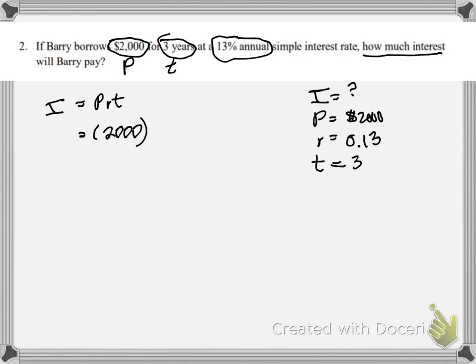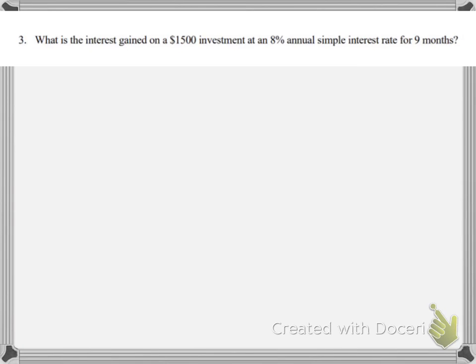So the principal is 2,000, the rate is 0.13, the time is 3. Okay, and we just have to type that into a calculator. And doing that, we get that our interest is $780. All right, let's do maybe one more example.